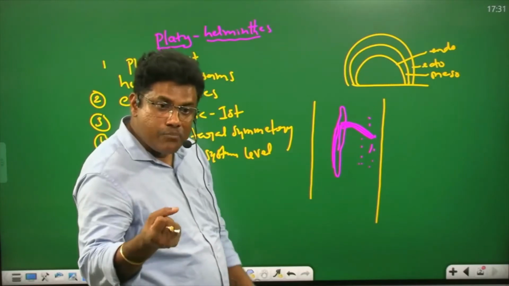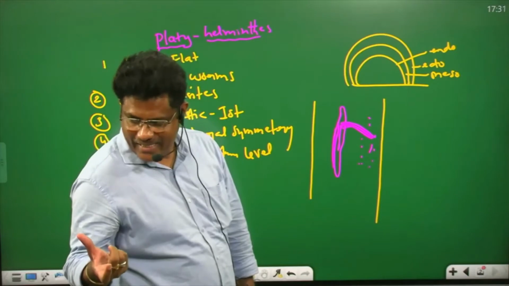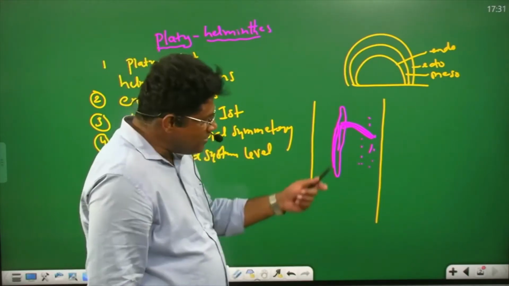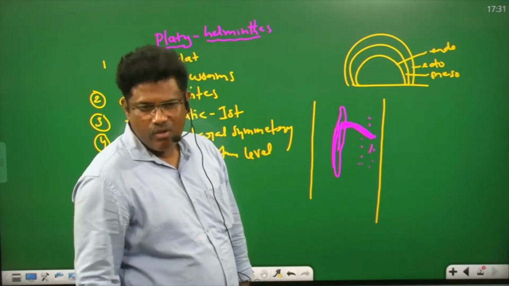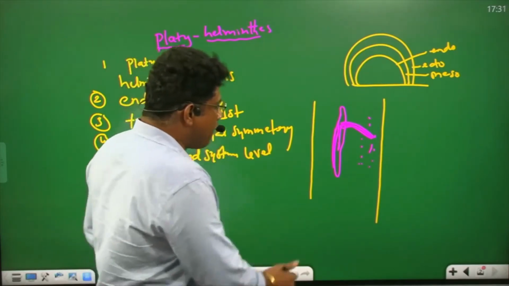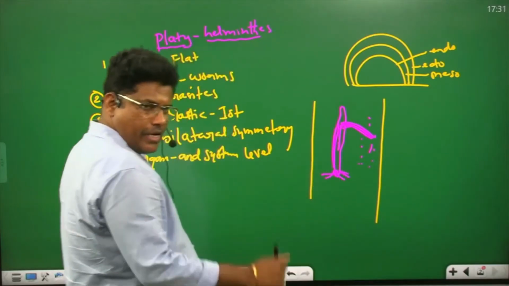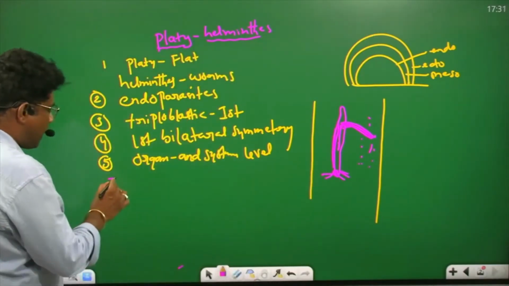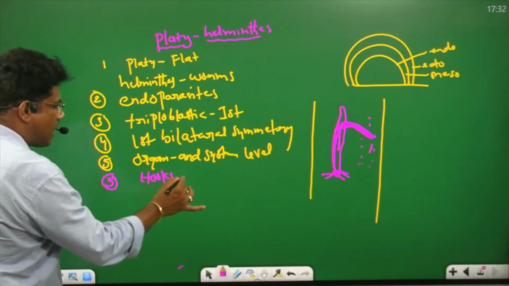Means absorption of food through the body wall from the human intestine, because in the parasite no alimentary canal. You understand? For example, in the parasite body you see hooks and suckers are present.